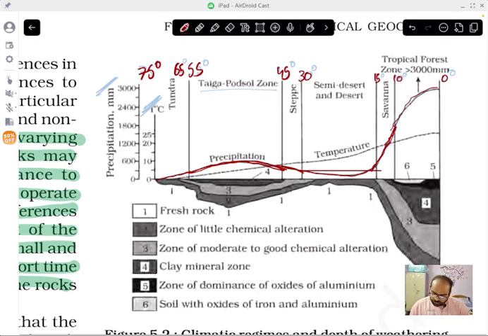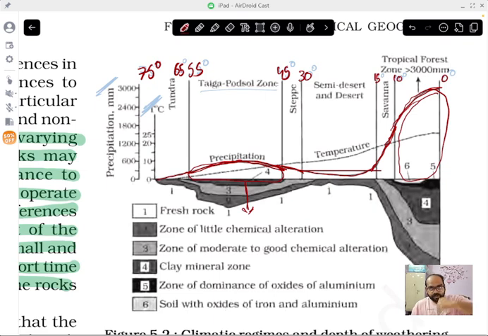So if you see the areas where there is a large amount of precipitation, like taiga podsol and your tropical forest region, we can see the weathering mantle has more layers. That is, weathering happened to a very deep part.